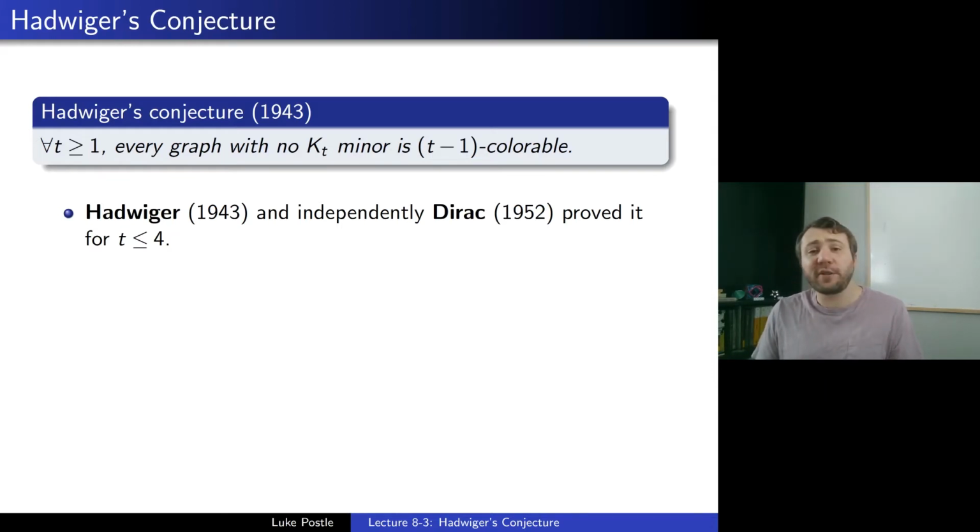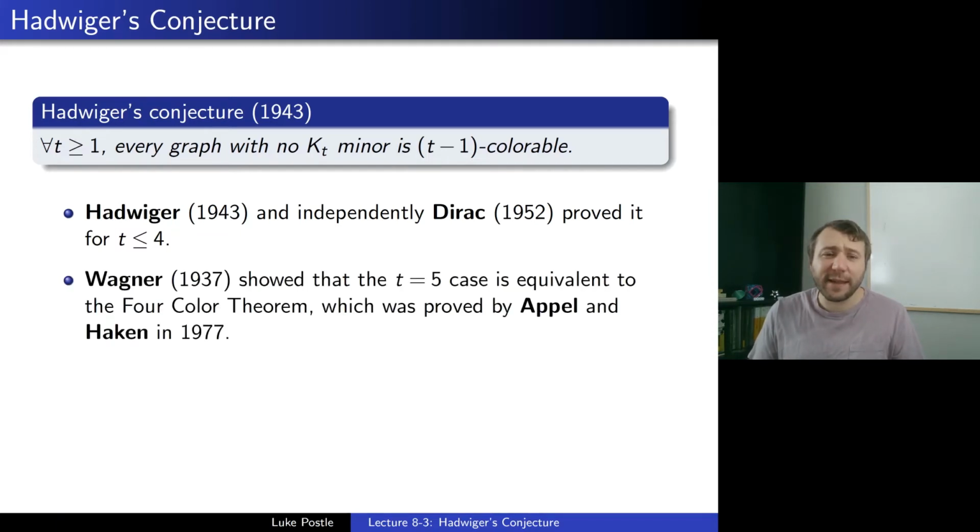If you remember from our discussion on the structure of graphs with no K_t minor for small t, no K4 minor graphs, the series-parallel graphs, are made from at most 2-sums of triangles and subgraphs thereof. So they always have a vertex of degree at most 2, they're 2-degenerate, and so they're 3-colorable. That's really the proof for the t equals 4 case.